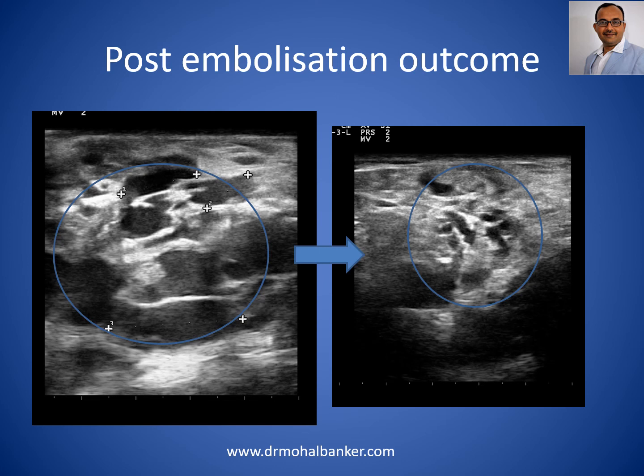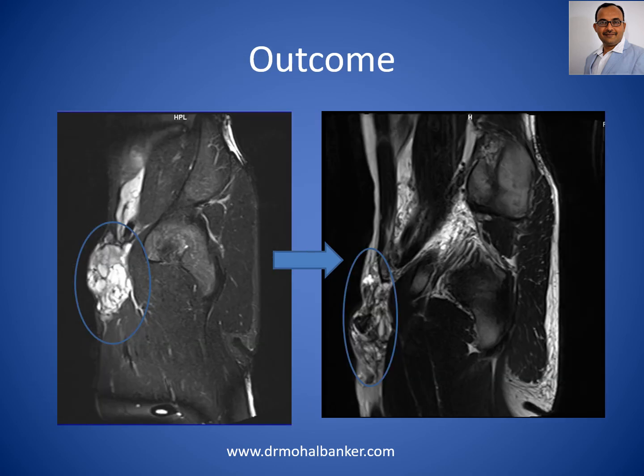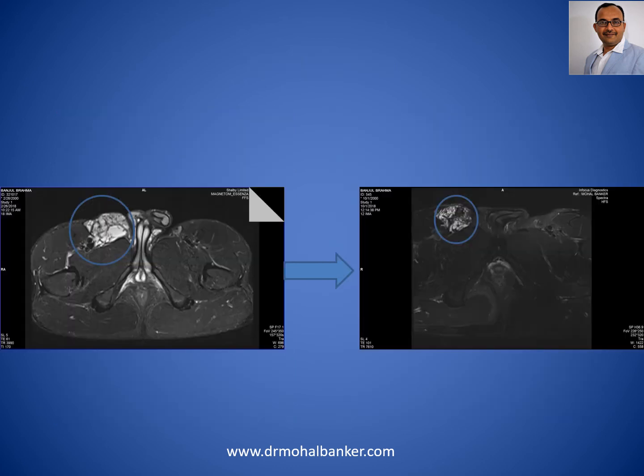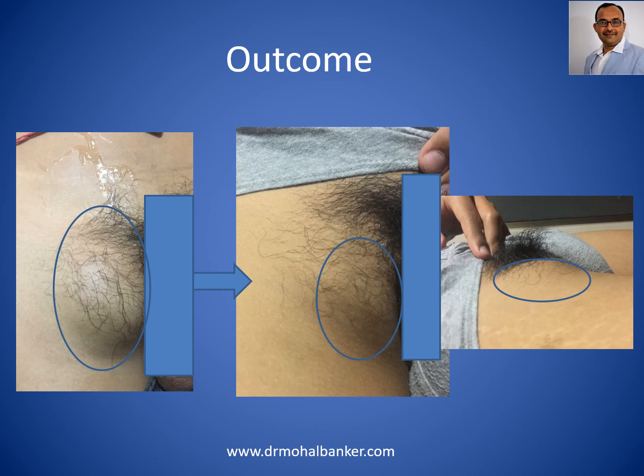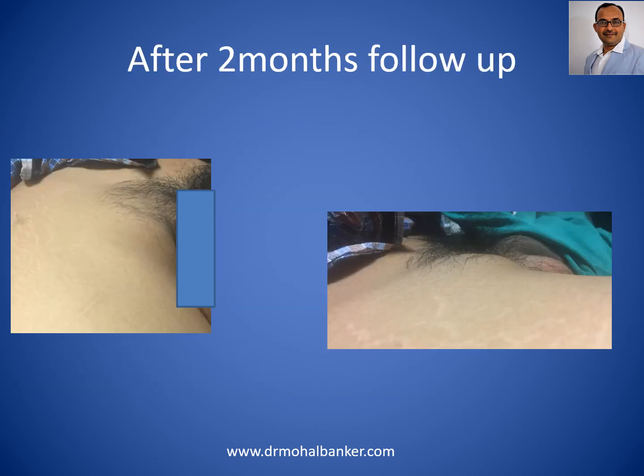And in MRI also, the size of the lesion is significantly reduced, and the intensity within the lesion is also significantly reduced. Clinically, the size of the lesion is reduced and the patient is very, very happy.